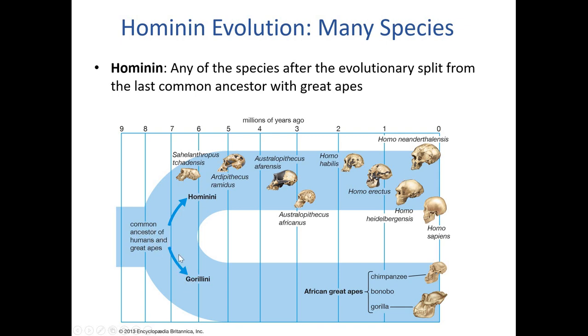And at this point, there was this evolutionary divide in which one lineage continued towards the great apes that we have today. And then up here on the top, you can see the hominin species along which we arrive at Homo sapiens, or modern humans. What you can appreciate from this timeline is that there are a lot of different genus species along the way, and these follow this evolutionary timeline.